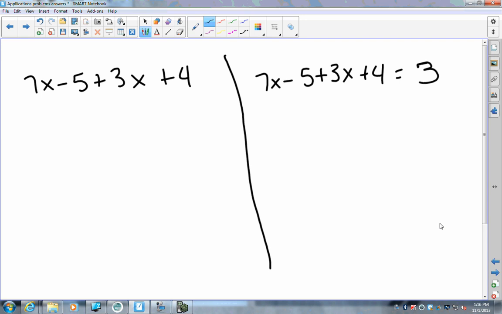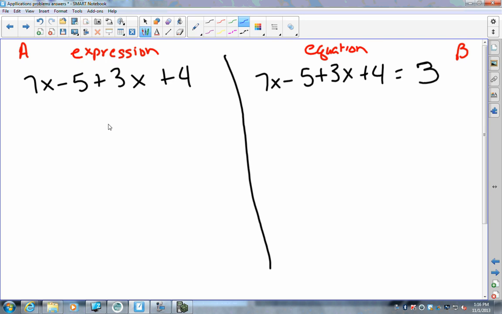What is the difference between the left and the right? Side A and side B. On B, this over here is an equation. A is an expression. Our answers should be different because on the equation, you're looking to find one answer.